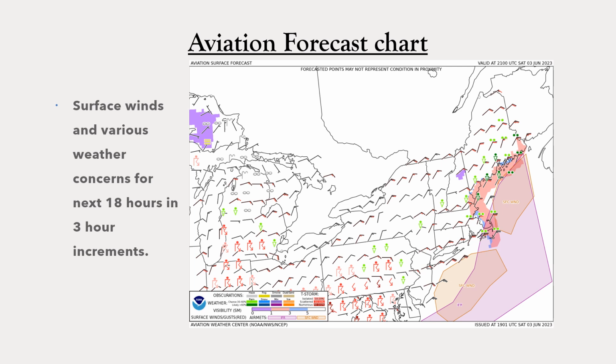I find it to be a good chart for surface winds. These various symbols indicate other concerns that are worth looking at. And this chart covers the next 18 hours in 3-hour increments, so it's a good day-ahead kind of planning chart.